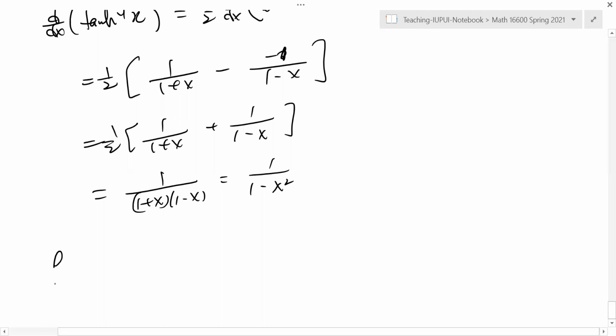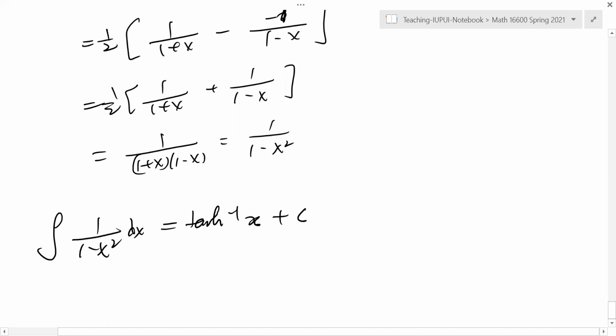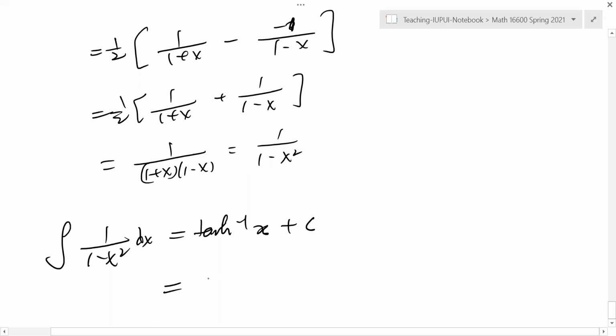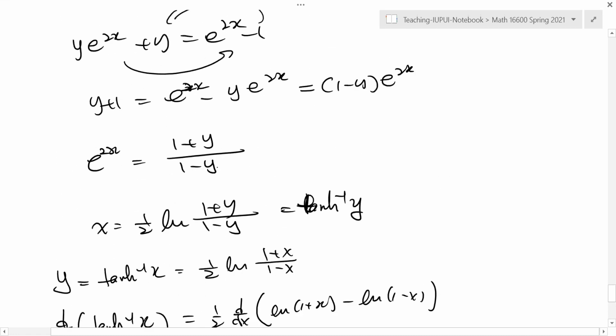Anyway, from now on, you can express it in this form plus c1. But if you don't like the inverse function for the hyperbolic tangent x, you can express it in another form, which we already got.